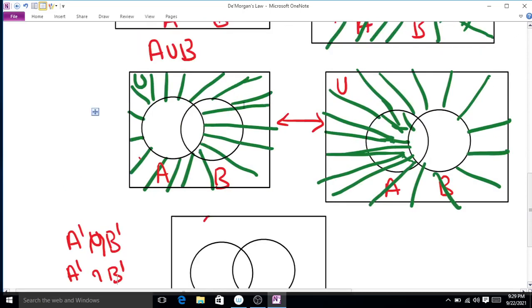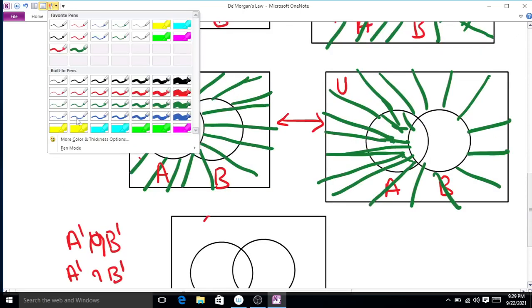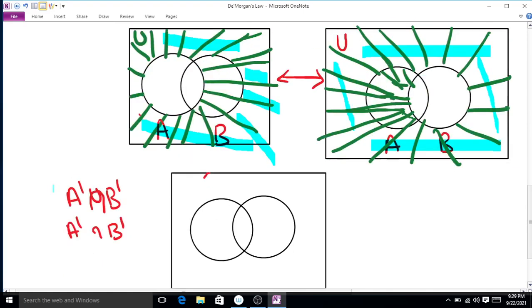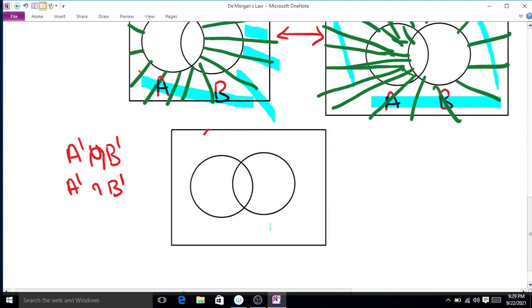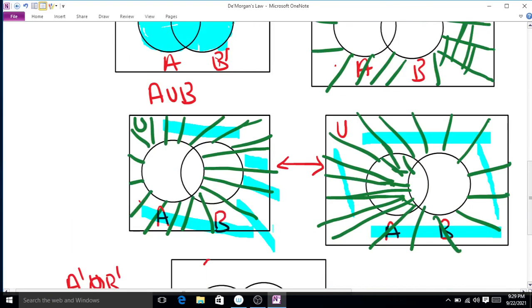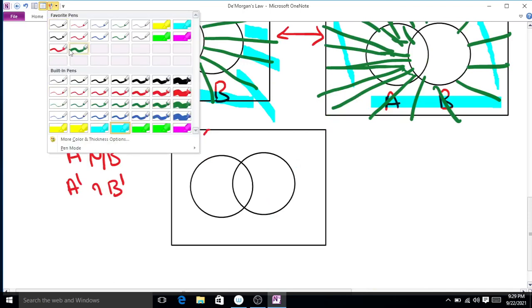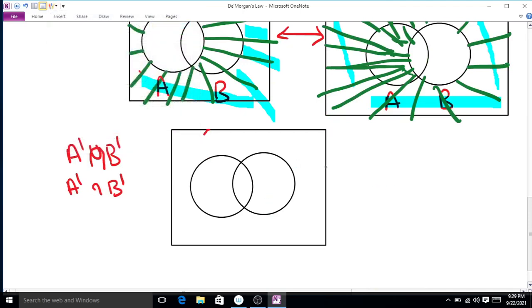So, from these two sets, we can observe that the common region between these two sets is this part. This region is the common part between A dash and B dash. So, here A complement intersection B complement is this part.